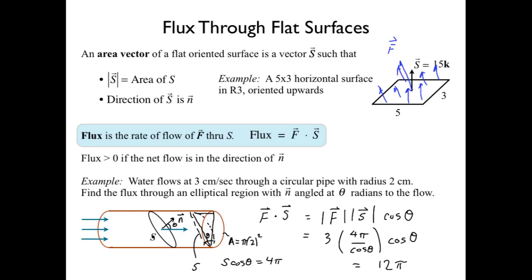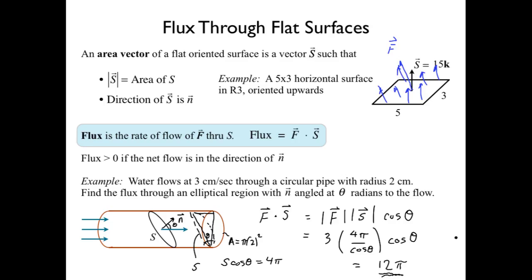You get less in the direction, but you get a bigger area, so it cancels out. So it'd be 12 pi no matter how you angled your membrane in there. Okay, any questions on that? So the flux through S then is 12 pi.